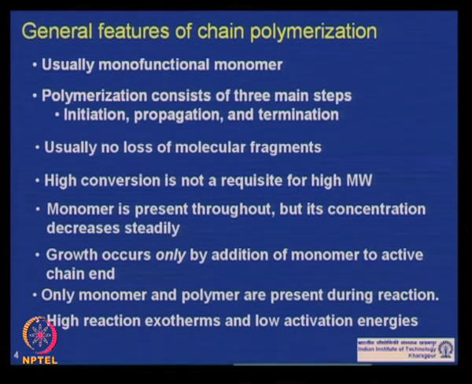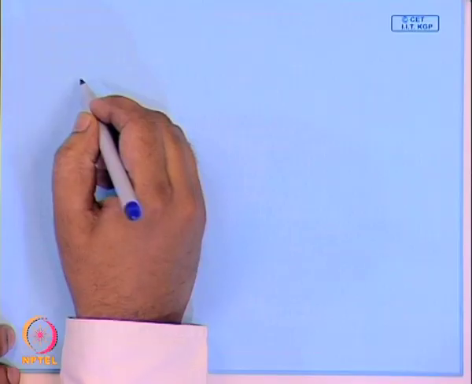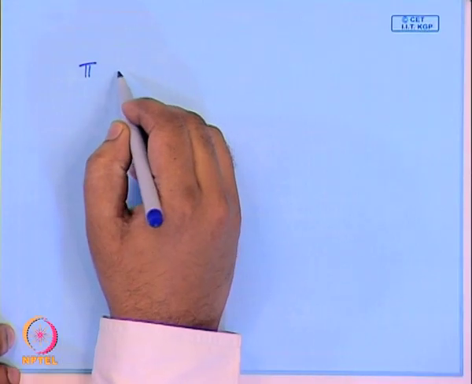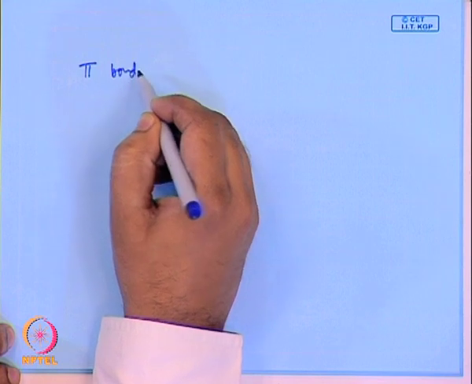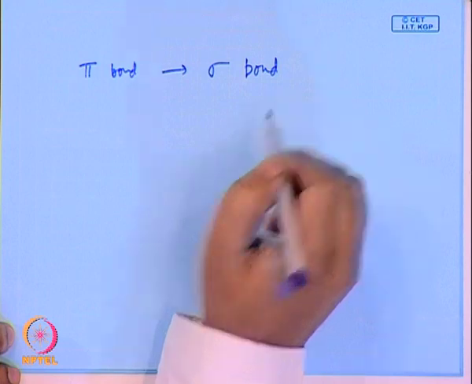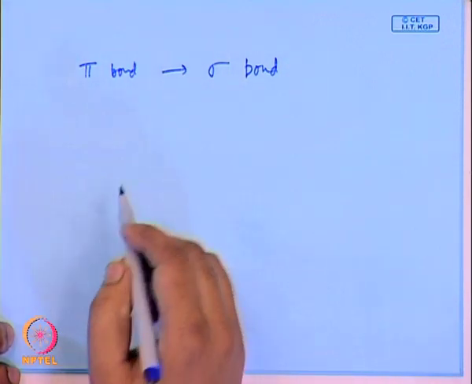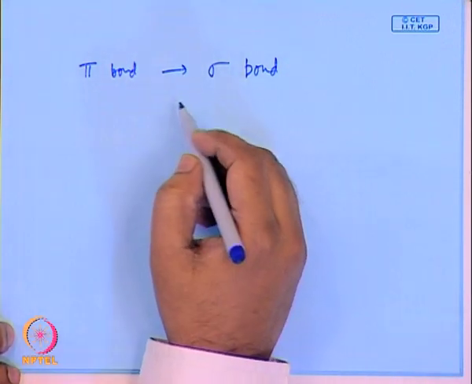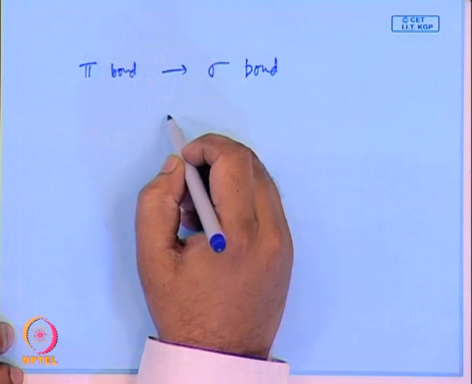If you think a little more about the mechanism of this chain polymerization, typically a pi bond is converting to a sigma bond, starting from a double bond.